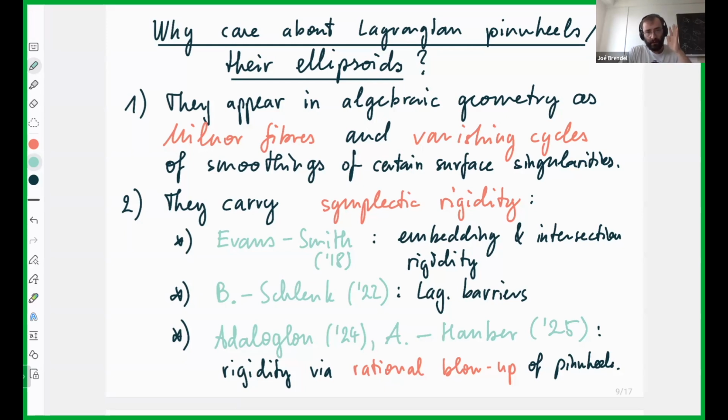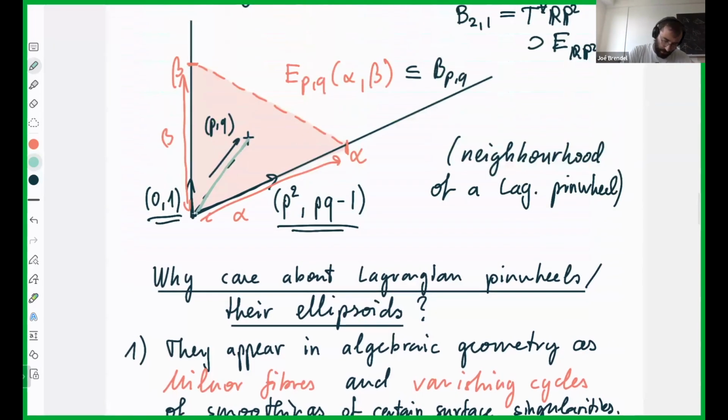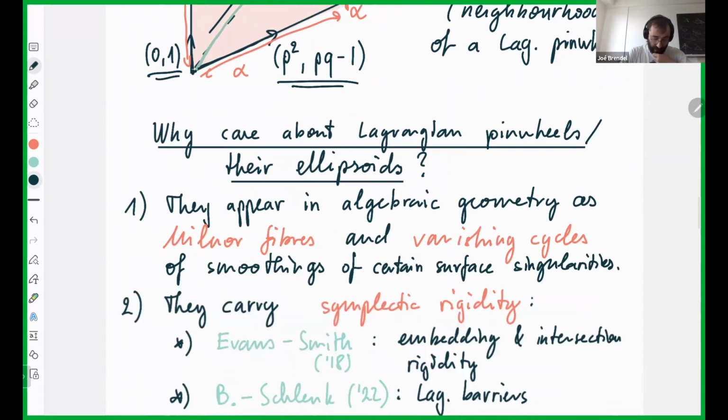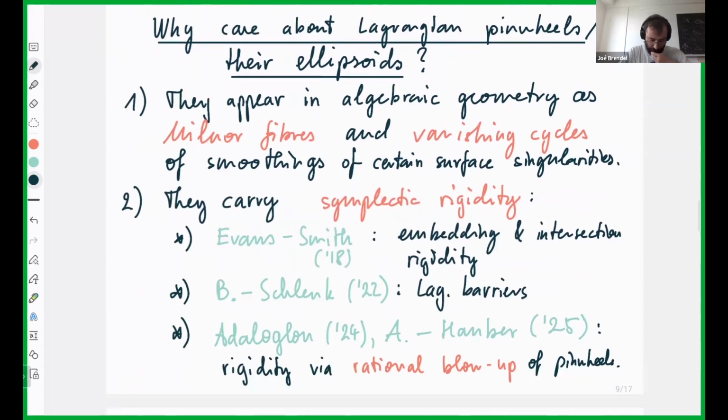There's this category of surface singularities, which are called cyclic quotient singularities, and some of them are smoothable. If they are smoothable, they are called T singularities. And the Milnor fibers are exactly the total spaces, or neighborhoods at least of the pinwheels, of these B_PQs. And the vanishing cycles are exactly the Lagrangian pinwheels.